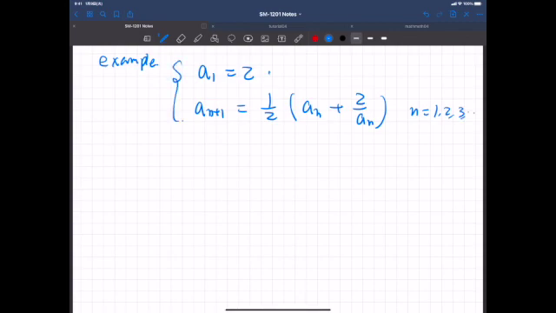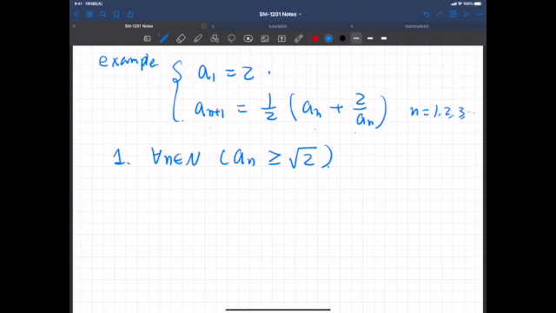So this is the initial value, and the next value is determined by the previous value. Then you should try to prove this. First, for all natural numbers n, an is greater than or equal to square root of 2.